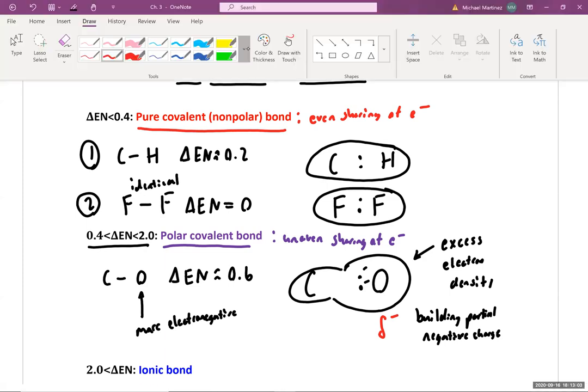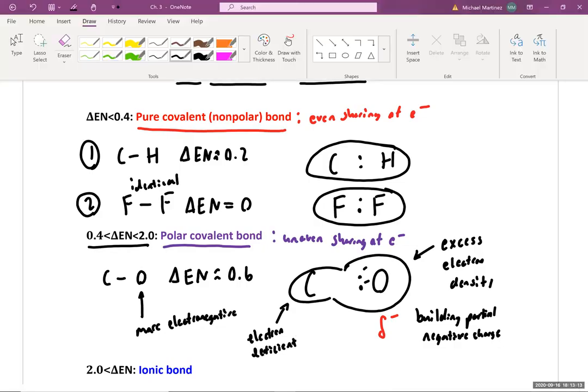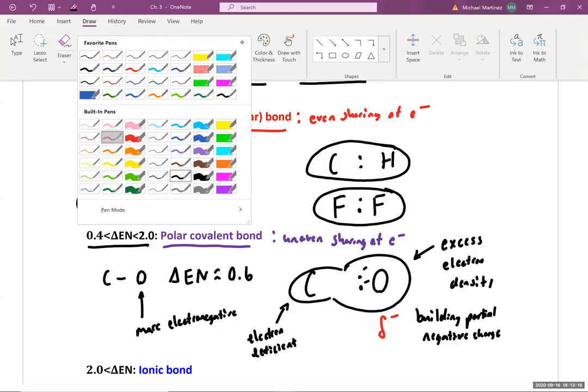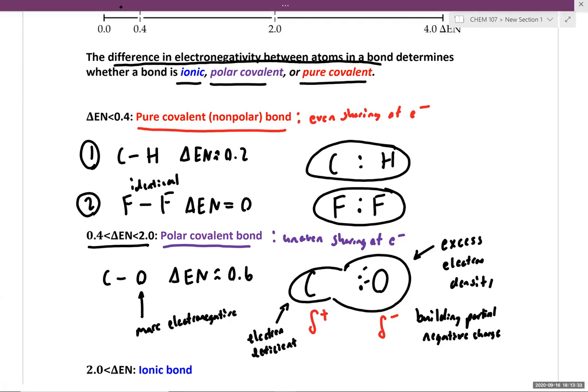Likewise, our poor carbon atom is electron deficient. And if we lose some of our electron density, what partial charge will we generate? Positive or negative? What happens if we lose some electrons? If we lose some electron density, we start to develop a partial positive charge.